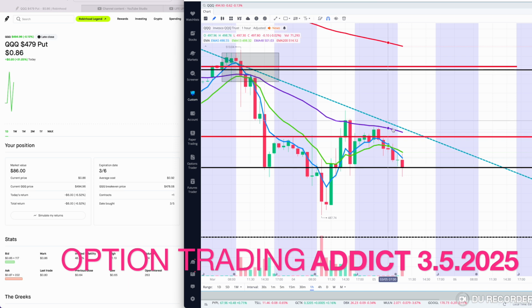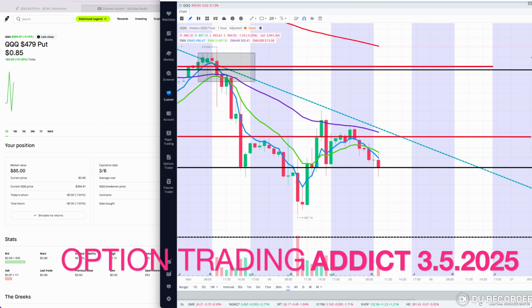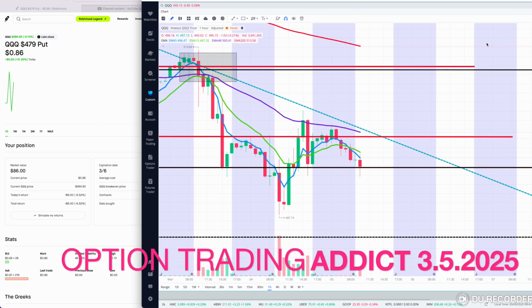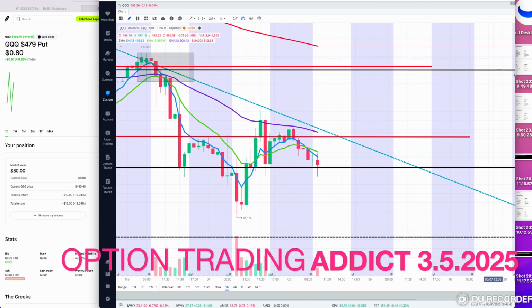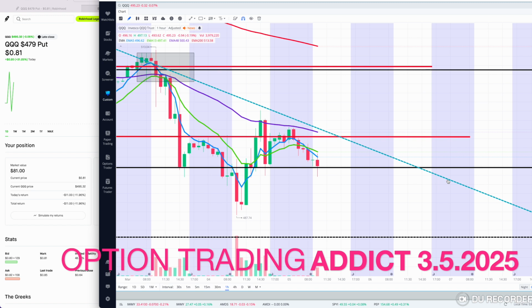So we're talking about, let's see, how much of a breakdown here. If this were to break down with that 5 and 13 cross, we're looking at a break from 495 down to the 485 area, if it can continue in the downward direction.